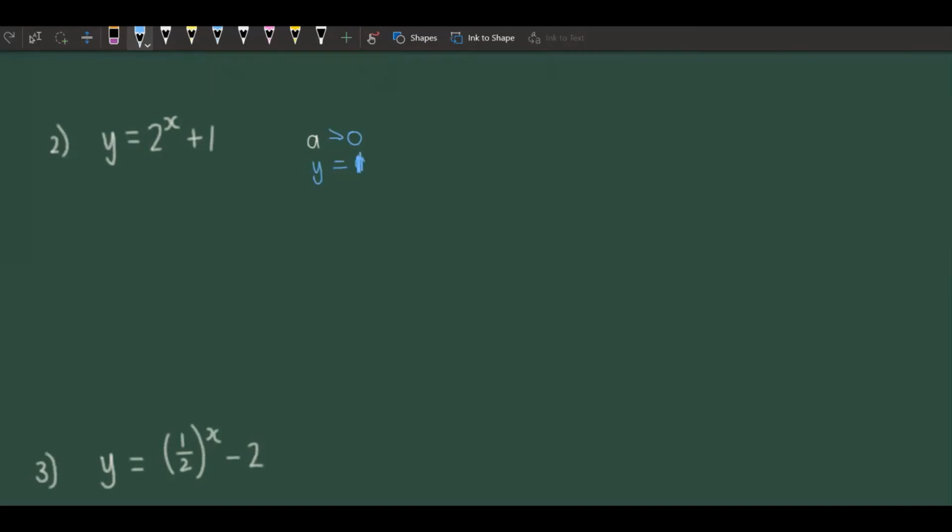So again, we will have no x-intercept. So let us calculate the y-intercept. For the y-intercept, we make x equals 0. So we have y is equal to 2 to the power of 0 plus 1, which is 1 plus 1, which is 2. So our y-intercept is (0, 2).